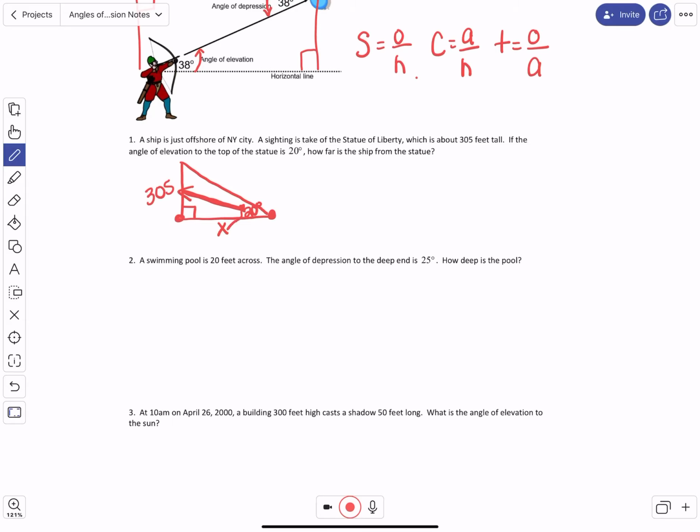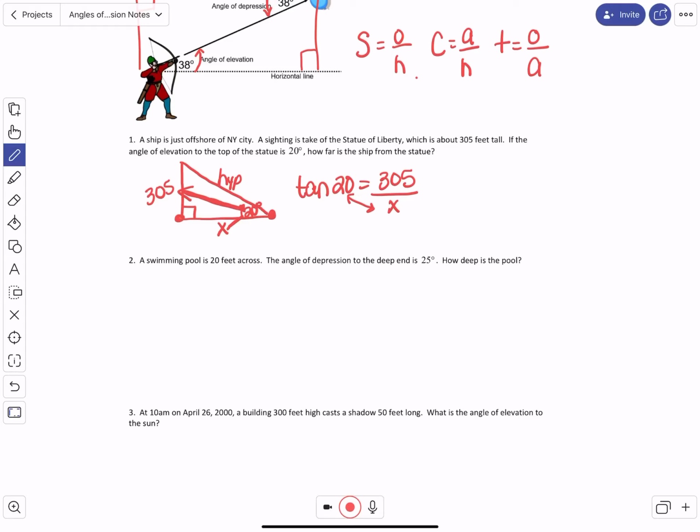And then x is adjacent to 20 degrees because here is the hypotenuse, and we're not given the hypotenuse at all, okay? So that eliminates sine and cosine. So we're going to be using tangent. So the tangent of 20 degrees equals 305 over x. And remember, when x is on the bottom, these two switch places.